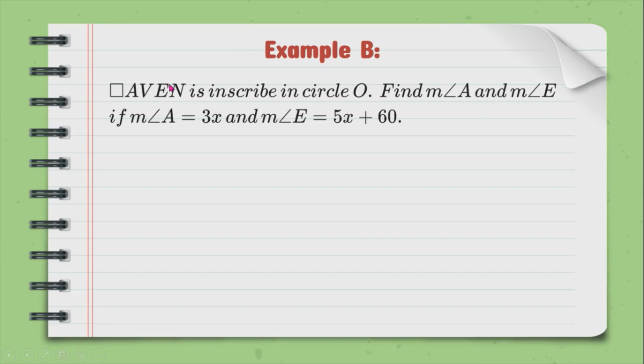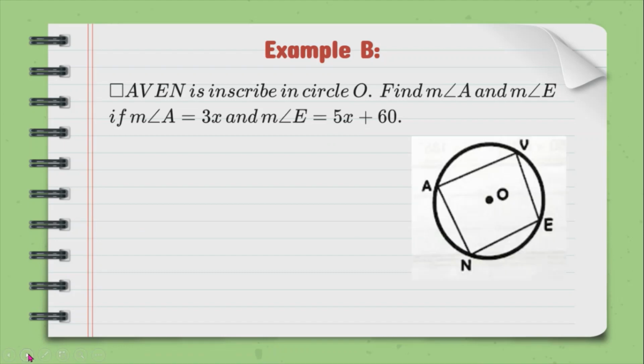Example 5. AVEN is inscribed in circle O. Find the measure of angle A and the measure of angle E if the measure of angle A is equal to 3x and the measure of angle E is equal to 5x plus 60.